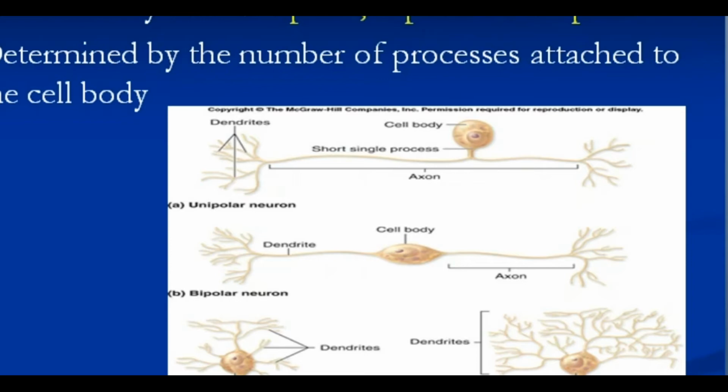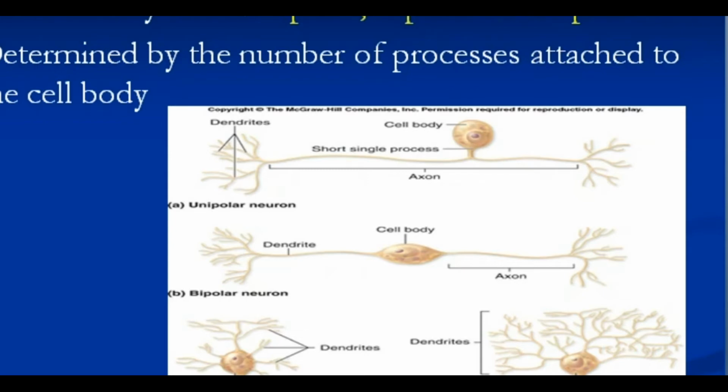Second type, pseudo-unipolar neurons have a single process which then forms a T-shape. It looks like a single process beginning from the perikaryon, and later it divides into two processes, a dendrite and an axon.